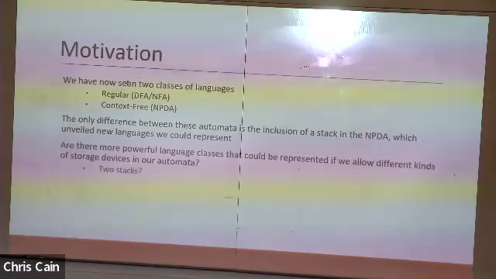We could use more than one stack. Maybe a queue. A queue is equivalent to two stacks. We can emulate two stacks with a queue and a queue with two stacks, but yeah, we could shorthand that a little bit by making it a queue. Any other ideas? What other storage structures could we use?